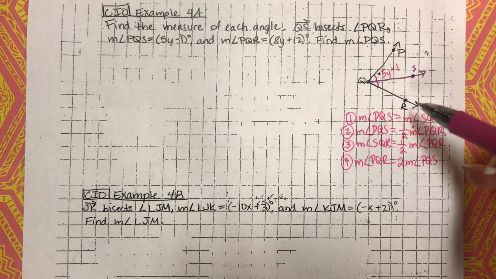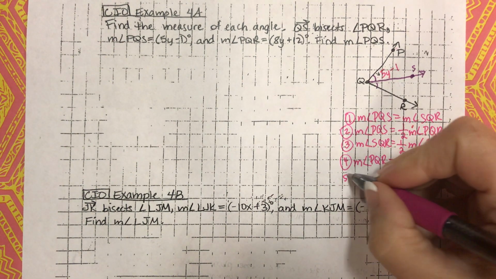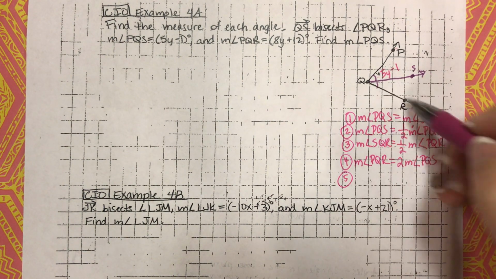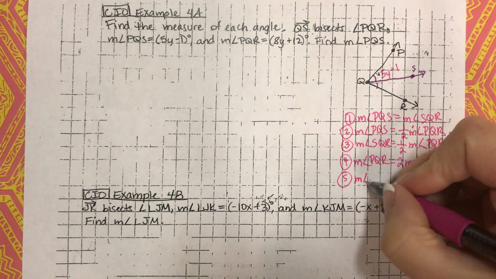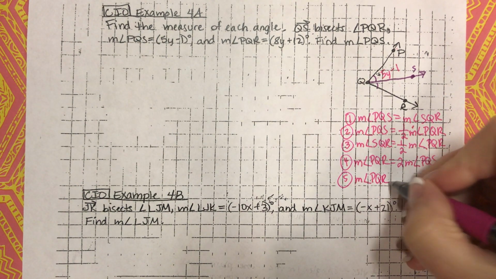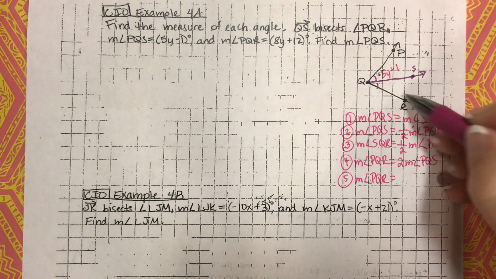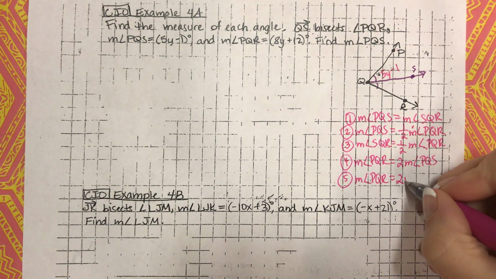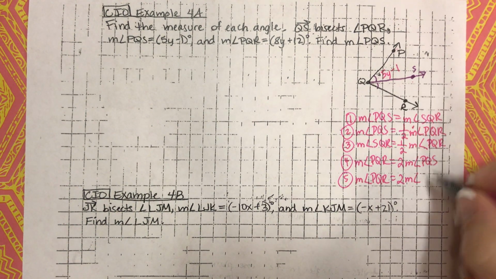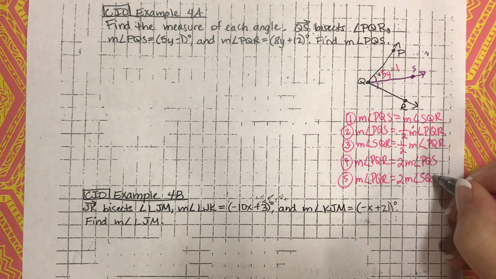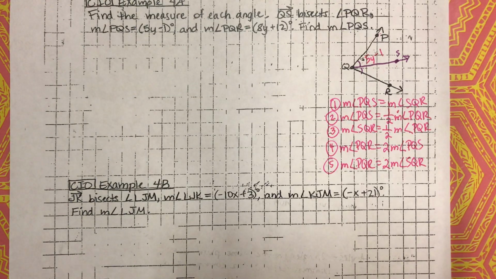So 2 of those equal the big. And then the last one is PQR, the big angle, is made up of 2 of these. 2 times the measure of angle SQR, like that. Okay, perfect.